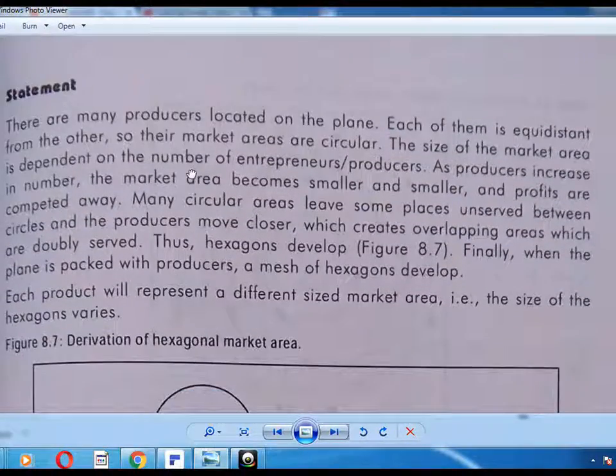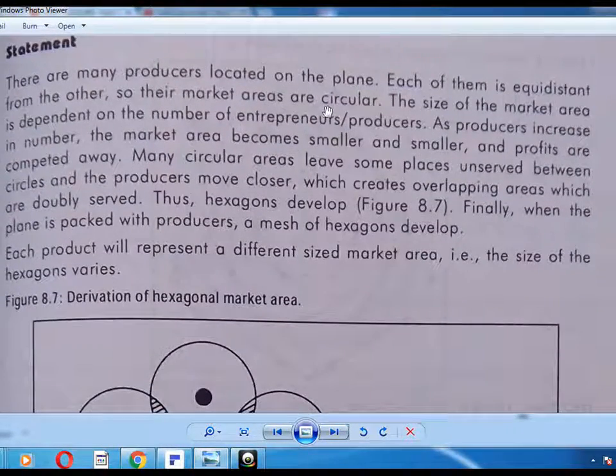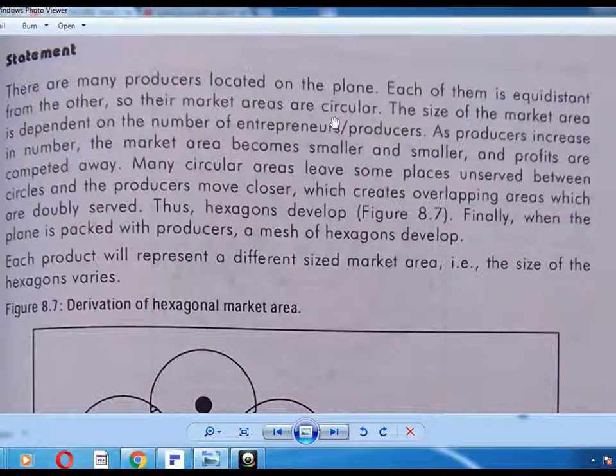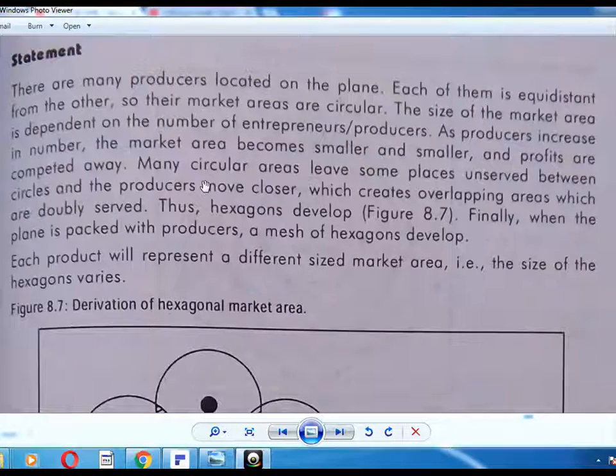There are many producers located on the plane. Each of them is equidistant from the other, so their market areas are circular. The size of the market area is dependent on the number of entrepreneurs.